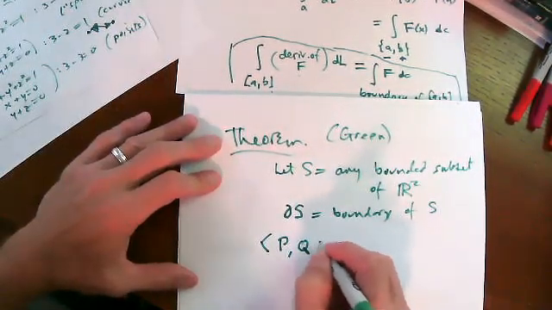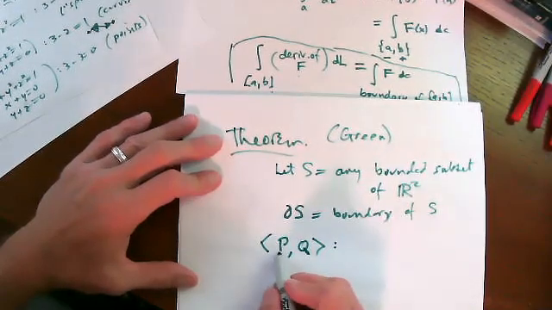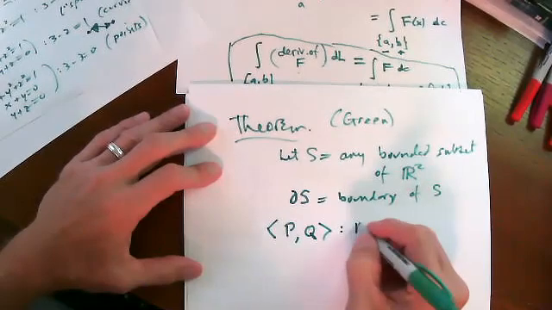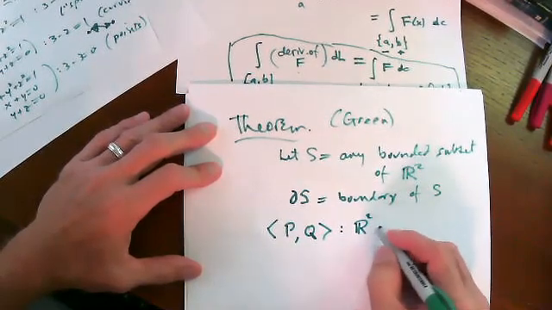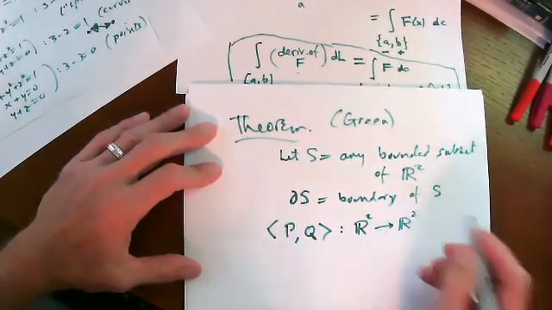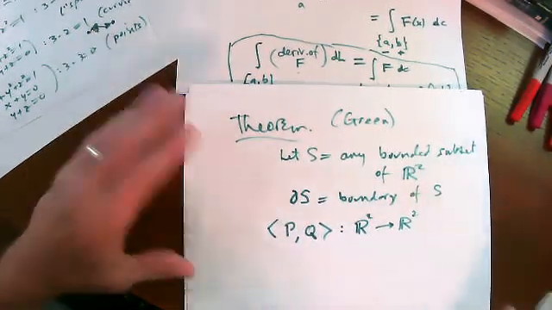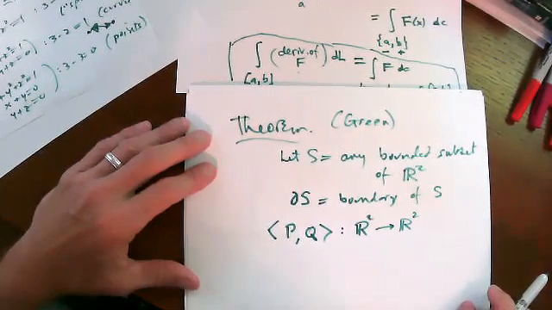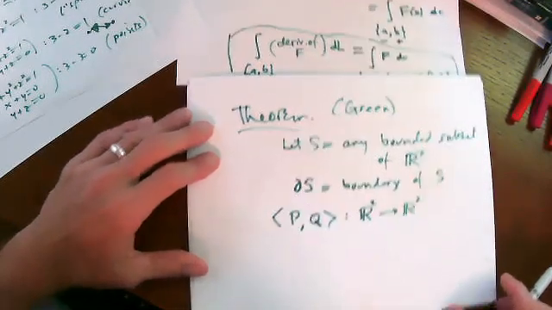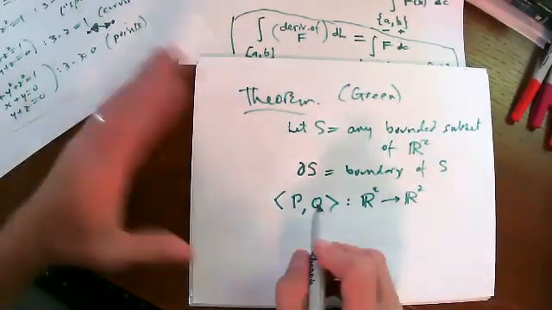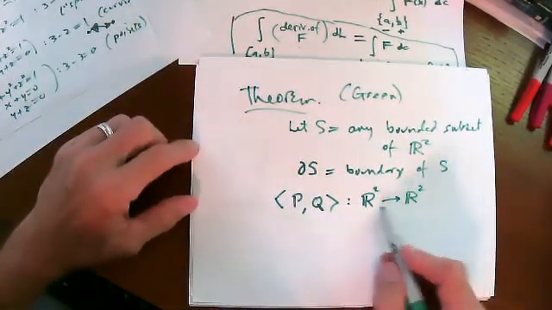I'll use P and Q as the names of the functions that come before and after the comma. At every point in the plane, this is supposed to give you a vector in the plane. X's and Y's go in and a vector comes out. So you can think of this as being a vector field. I'll just draw pictures with you that have a lot of little arrows.